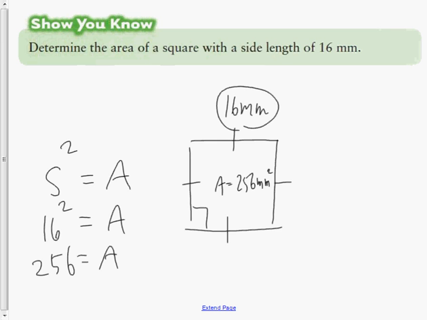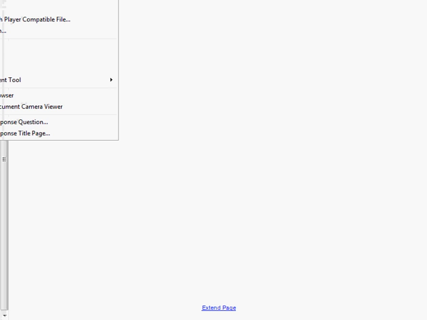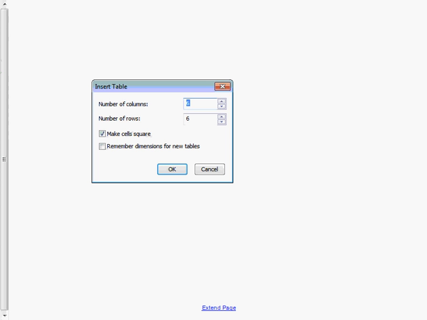Now, if I wanted to, I could show you that a different way. I can go insert, and I can put a table. The table can be 16 by 16. Press OK, and it creates this lovely little grid here.